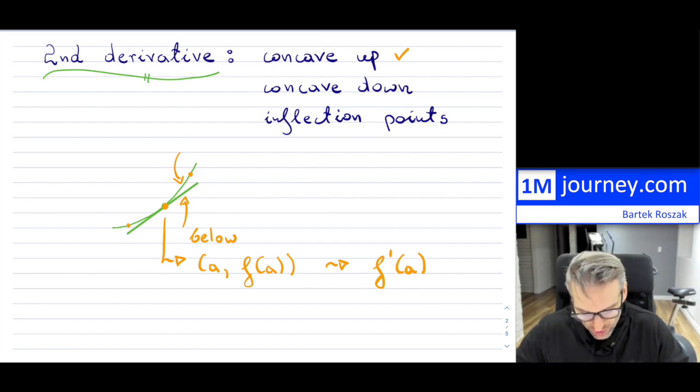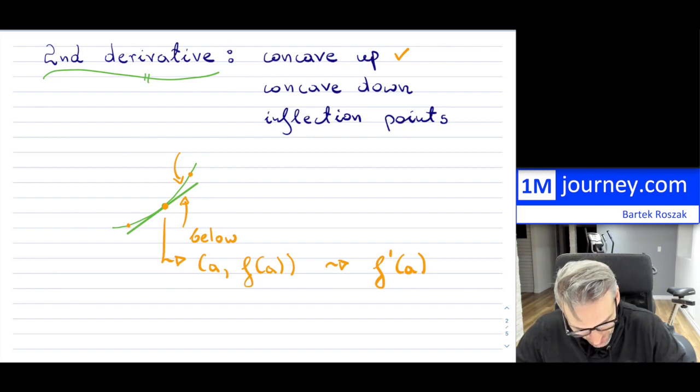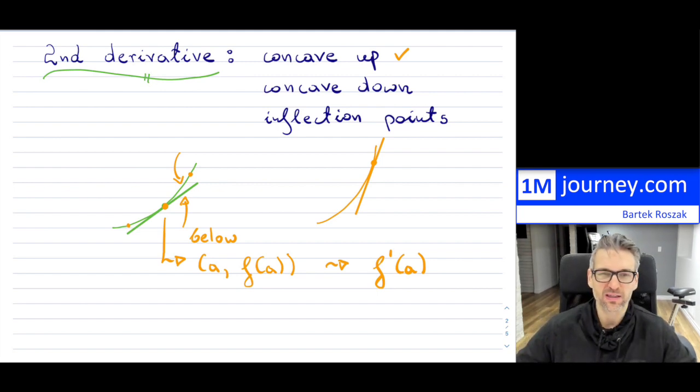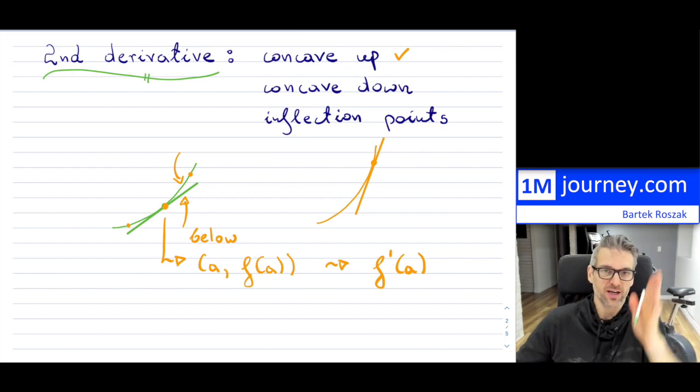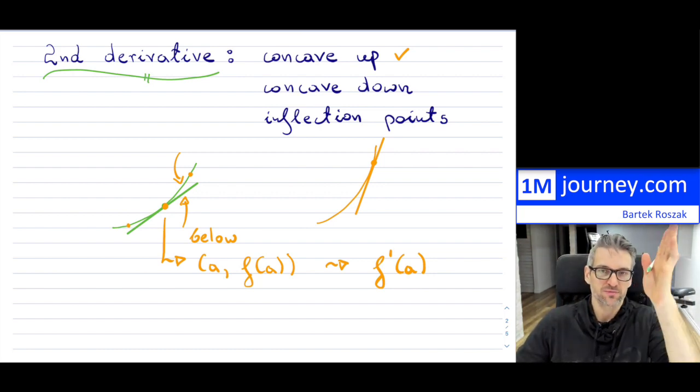Now, if you have a function that looks like this, and you push yourself over here, and the tangent line looks like that, you might say, what do you mean it's below it? Here it looks like your tangent line is going almost upwards. So what do we mean that it is actually below?